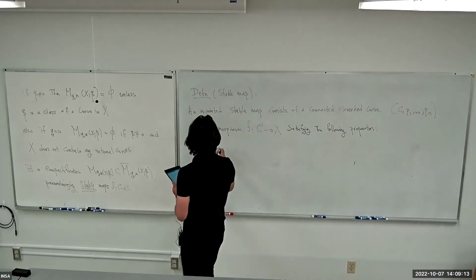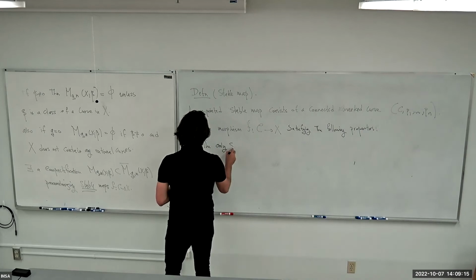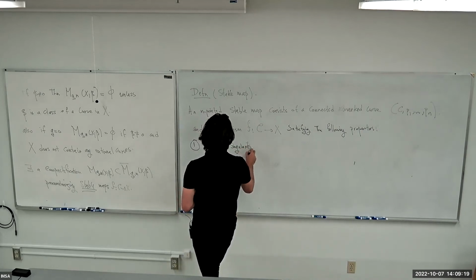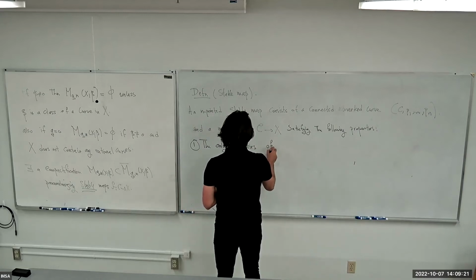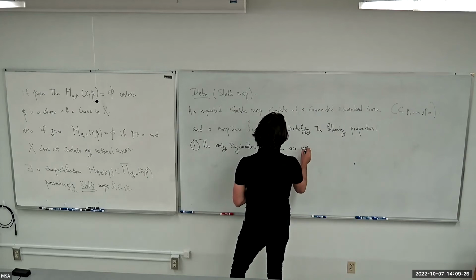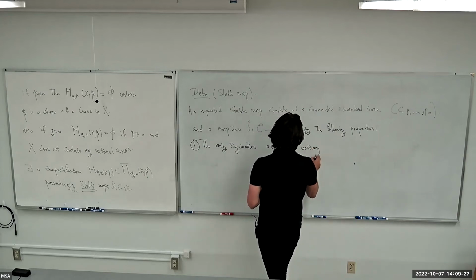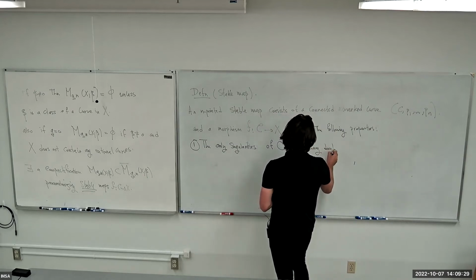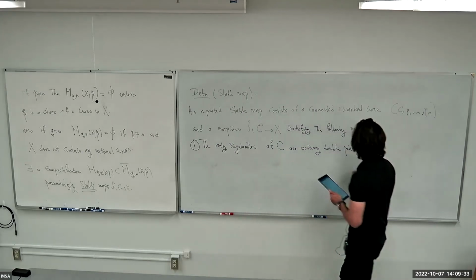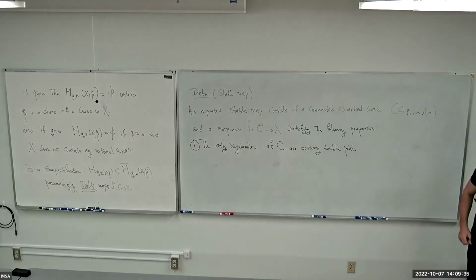The only singularities of C are ordinary double points. So locally quadratic singularities, ordinary double points.